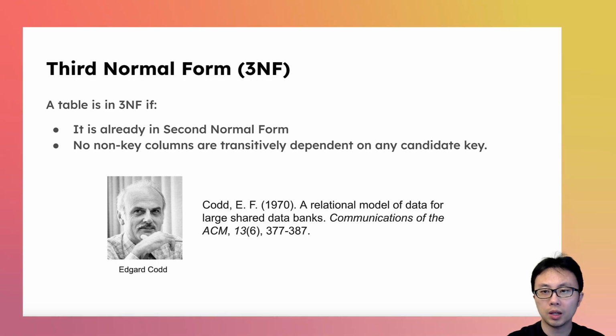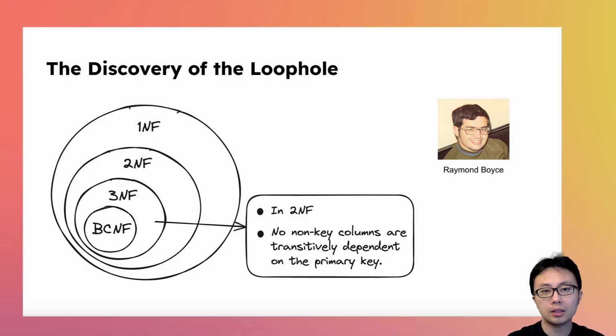After the paper was published, for 4 years, no one examined or challenged whether the third normal form definition was sufficiently rigorous. In 1974, a young scientist named Raymond Boyce was working through database design examples and noticed something odd.